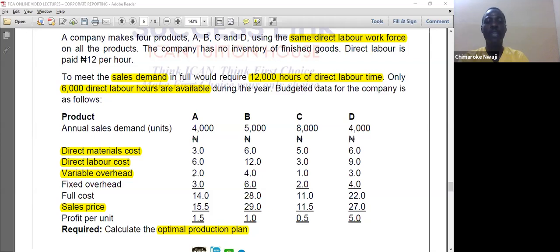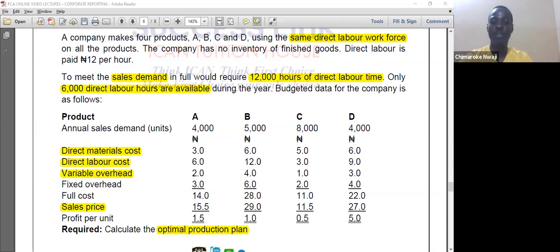Your selling price was given to you in the question, so you bring your selling price down. So what you will now do is to look for your contribution per unit. Your contribution per unit is going to give you your selling price, which is the second one, not the first one. So it's not everything you see up, you use to minus the down. 15.5, which is your selling price, minus 11 gives you 4.5.